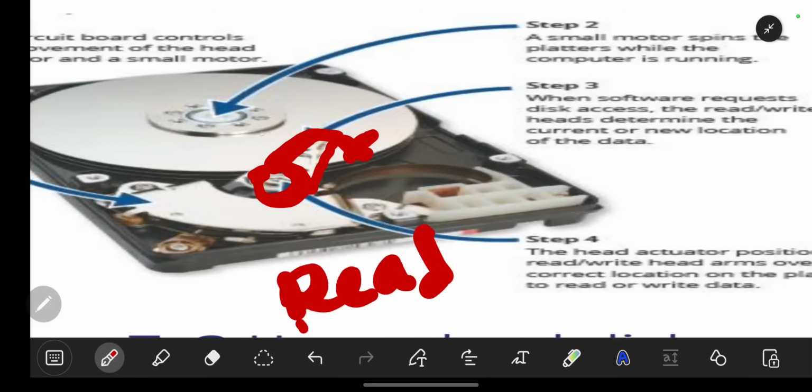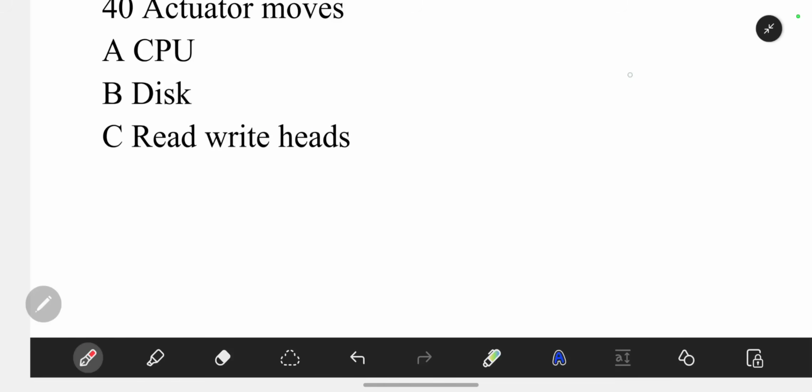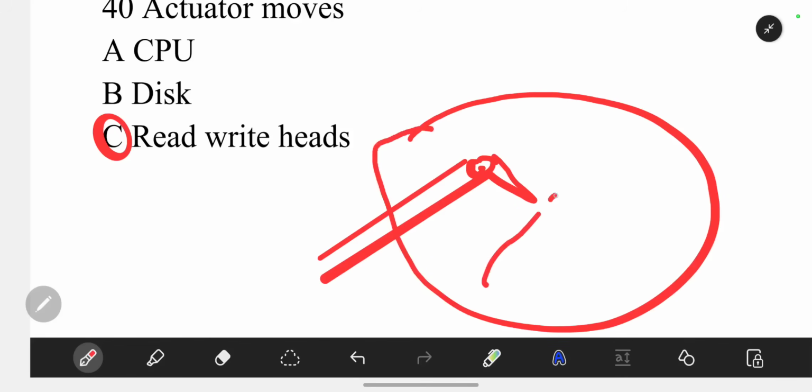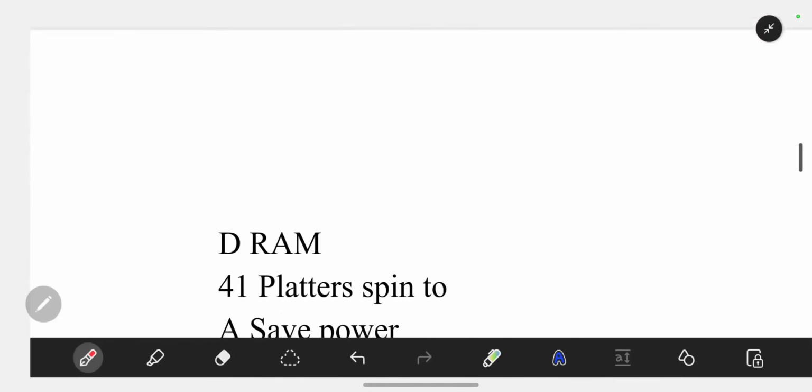But if you want to add more information to the hard disk, you will be writing. This part is what controls that movement. That is the actuator. It will move the read and write head, which is that thing that is on the disk, so that it can read certain information and write certain information.